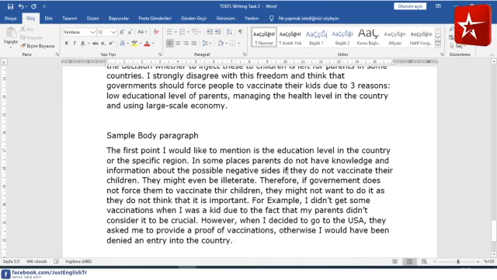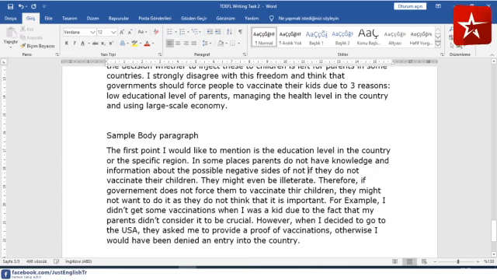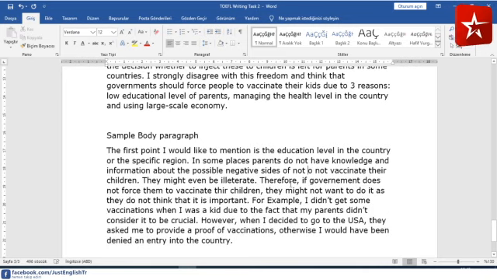I can change this one because I don't like the structure here. They might even be illiterate. Therefore, if government does not force them to vaccinate their children, they might not want to do it as they do not think it is important.